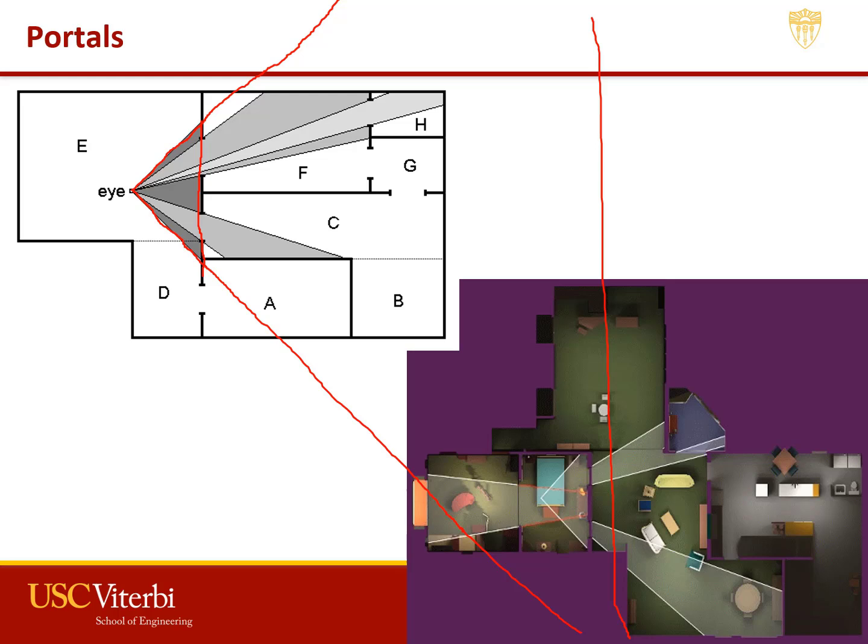Let me change to green. But maybe there's a doorway, right? There's a doorway here in that wall that we can see through. And so what we'll do is add another frustum that looks through that doorway. So it looks through from here and makes another frustum, right?